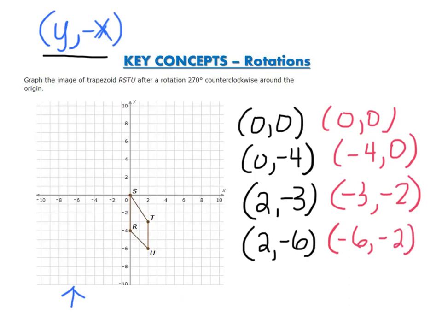I have 0, 0, negative 4, 0, negative 3, negative 2, and negative 6, negative 2. And so when I graph them, or when I connect my points, that's what I get. And now it's your turn.